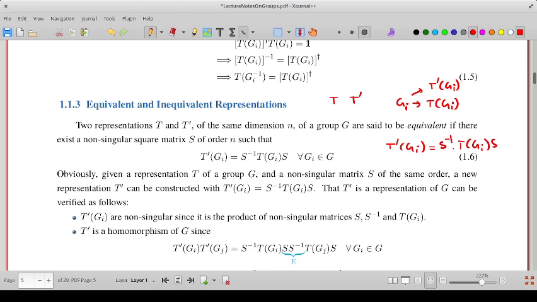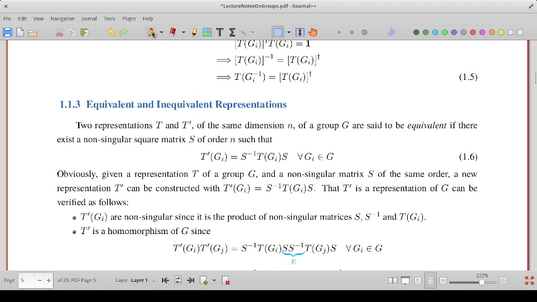And if this is satisfied, then we call the representations T and T dash equivalent representations. If two representations are not equivalent, obviously they are called inequivalent representations.